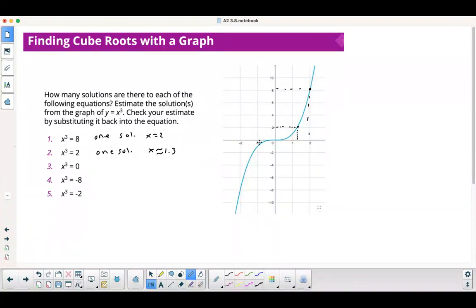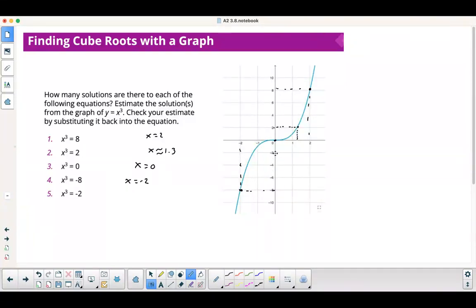x cubed equals 0. That's right there. There's one solution. I don't need to keep writing one solution. I'm just going to estimate what the solutions are. So this would be x equals 0. x cubed equals -8. So -8 is here. We're looking for x. So it looks like it would be -2.